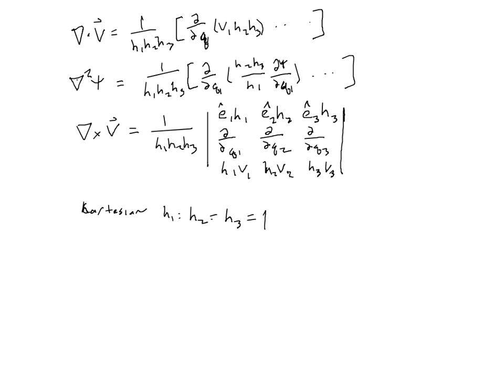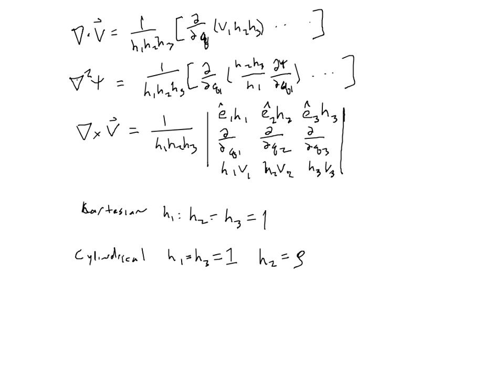But the neat thing is when you get to something like cylindrical coordinates. In cylindrical coordinates, H1 and H3 are both equal to 1. But H2 is equal to rho.